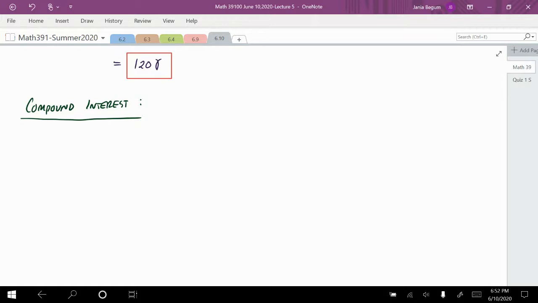So we have two types of growth, or it could be a decay. You might have seen this application in your previous course, probably in pre-calc. I'm not sure if you've seen calculus, but definitely in pre-calc you should have seen it.